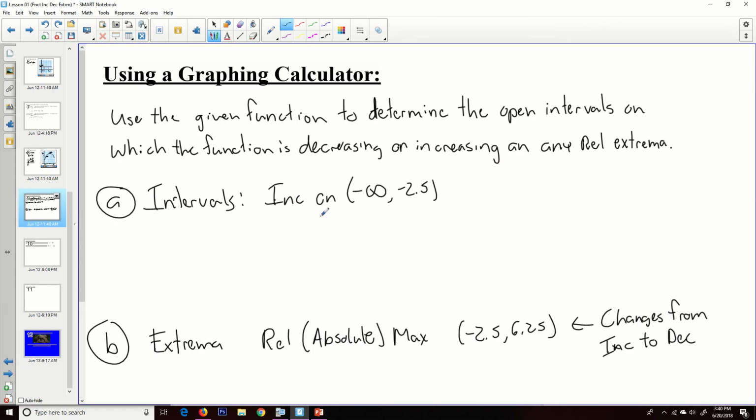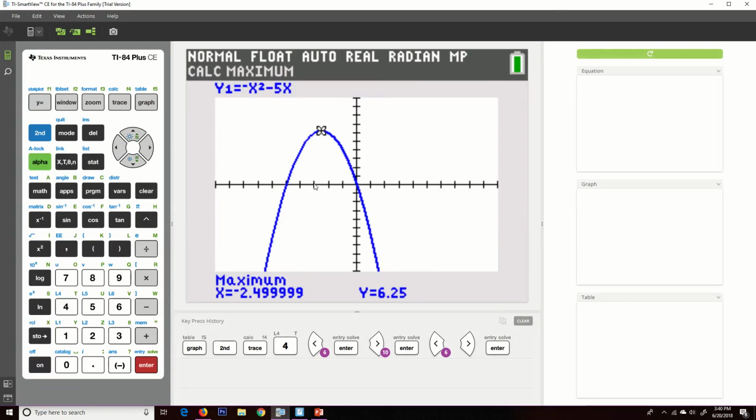So from negative infinity to negative 2.5, this function is going up. And again, this is an interval of x values. We're just talking about this area right here.